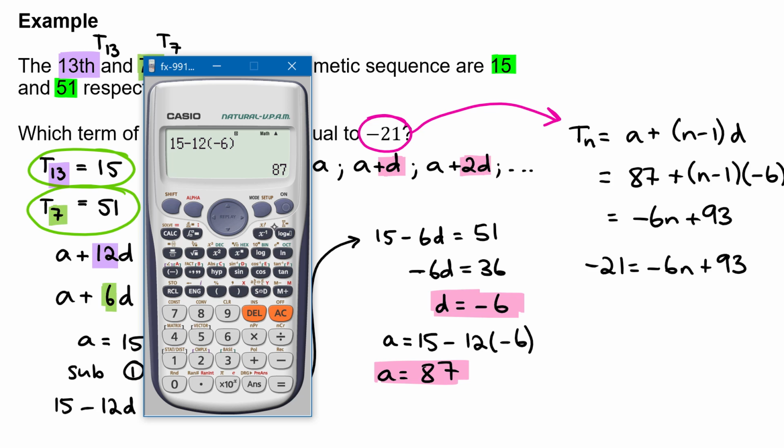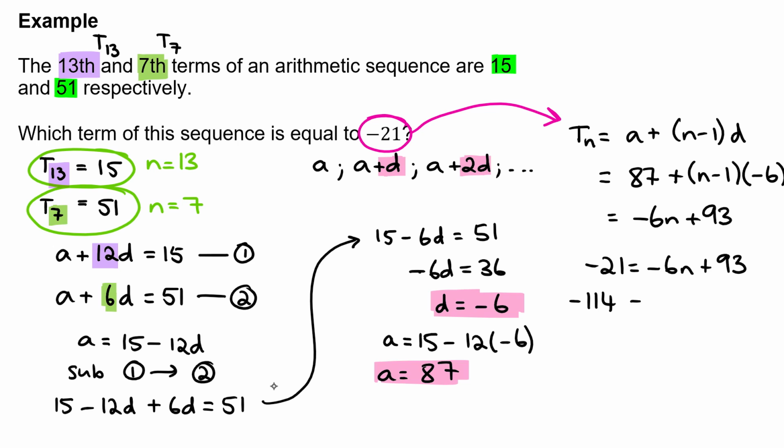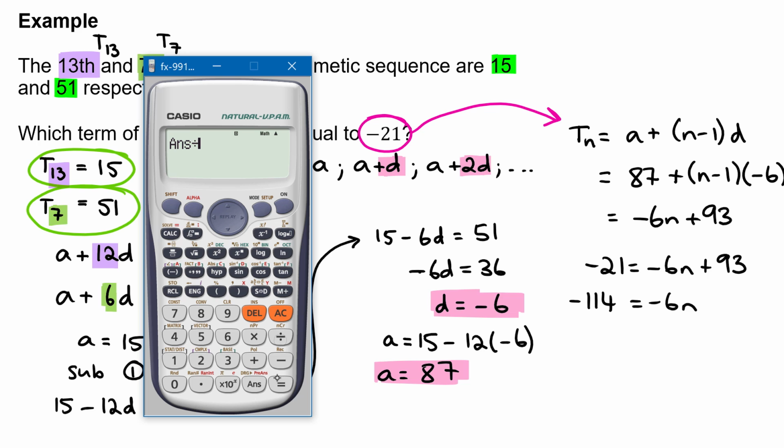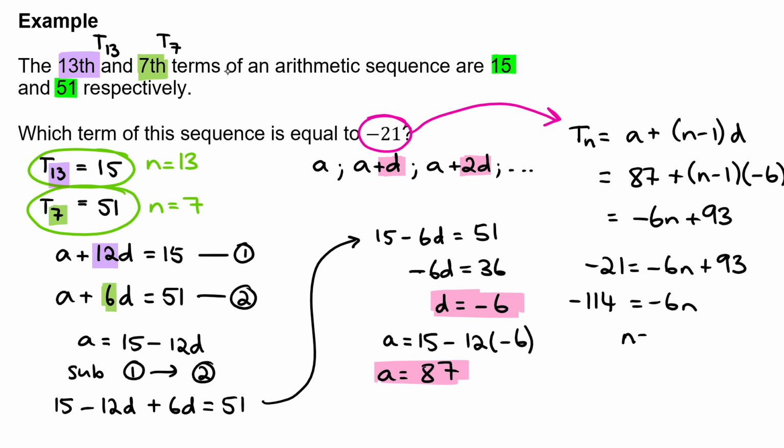Again, let's use the calculator: negative 21 minus 93 is equal to negative 114, which is equal to minus 6n. Divide both sides by negative 6 and we get that n is equal to 19. So from that, the 19th term, T19, is equal to negative 21.